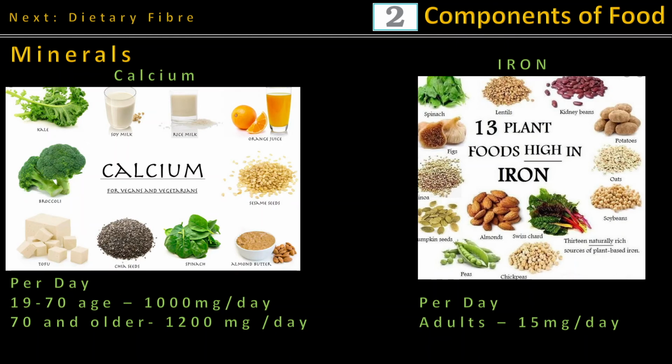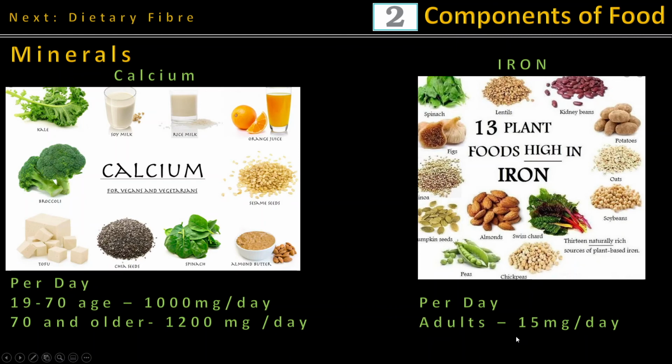The blood carries the oxygen molecules across the body, supplying the heart, the brain, the nervous system and different organs. So iron plays a very, very important role, and that's why we need to eat proper iron-rich food in a day.